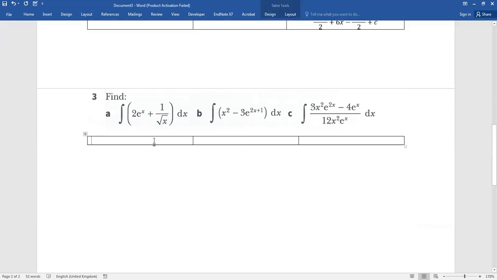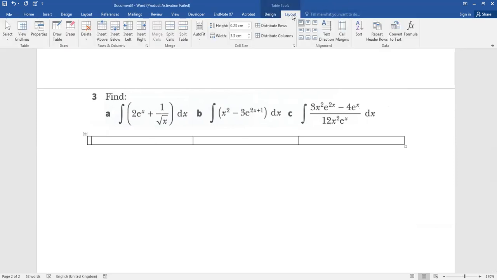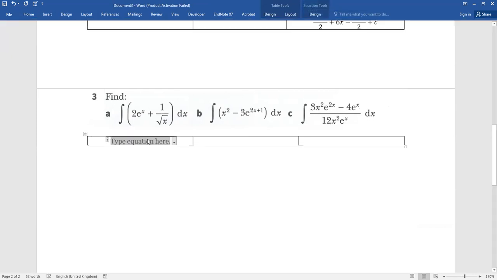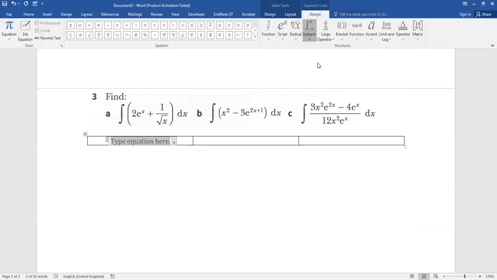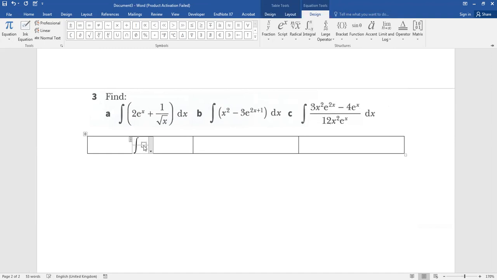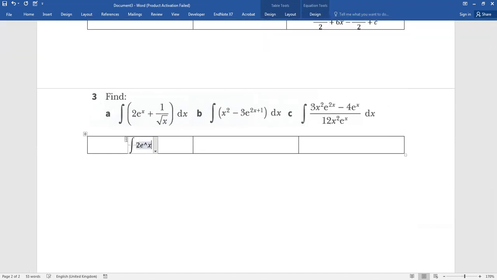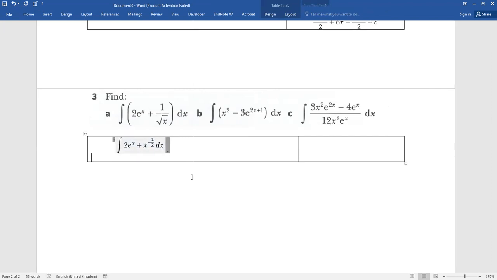What step do you do in the first one? That is 2e to the power x. And now x will have to be brought up and the power will be negative half. Right? Yes, sir. Now can you integrate it?